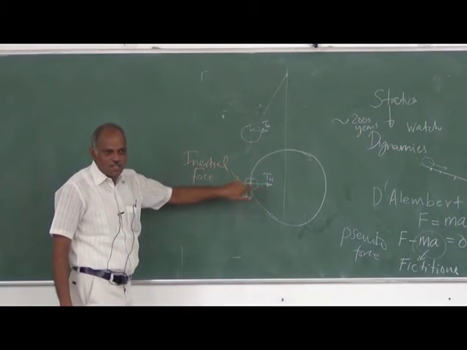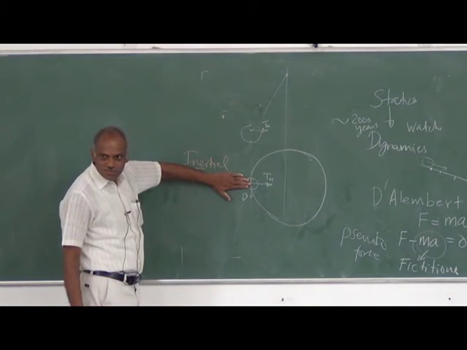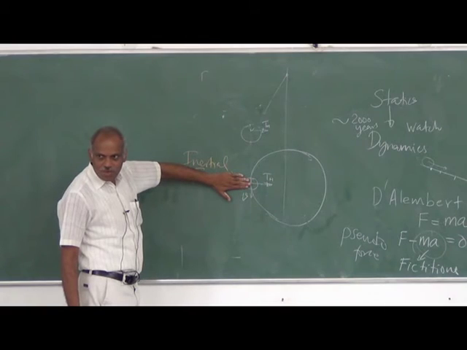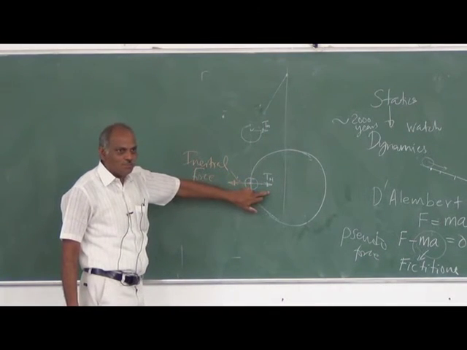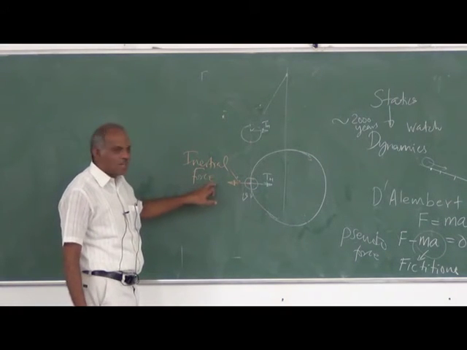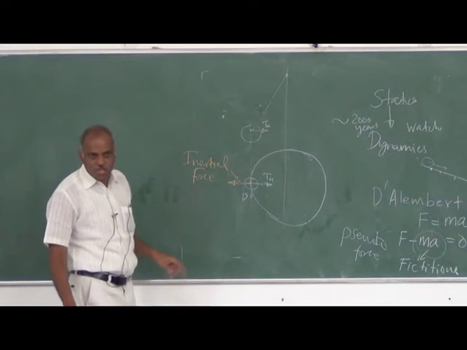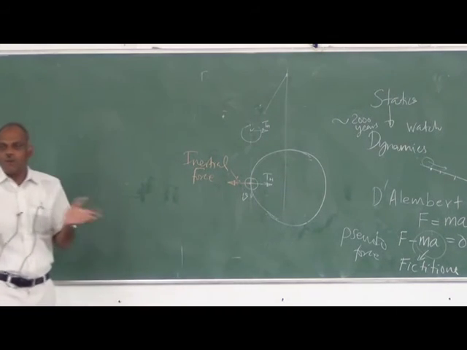By introducing this inertial force, when you look at the ball alone, the only action force is this centripetal force. But for analysis purposes, you introduce this inertial force. When you introduce this inertial force, then the problems can be solved.